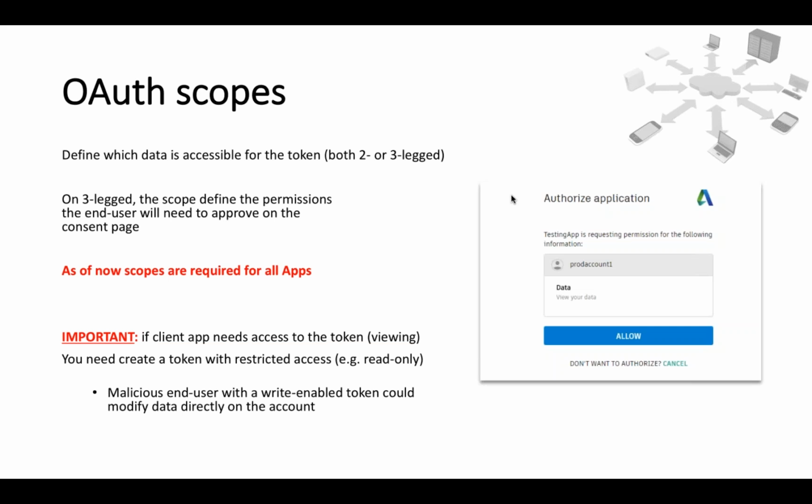So your server application needs to provide a specific token which has a reduced scope in order to have a secured workflow. On the back end, on the other side, your application will request an extended scope. So typically, if you need to access the data for read and for write, then the token that you request on the server side has to be kept on the server side and not sent to the client.